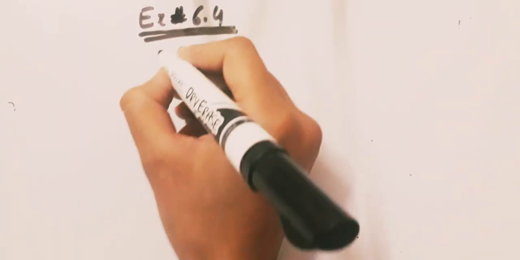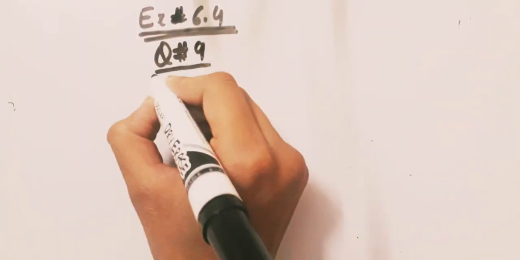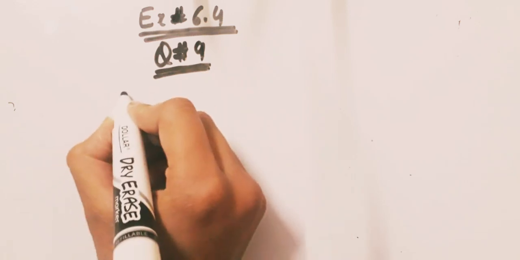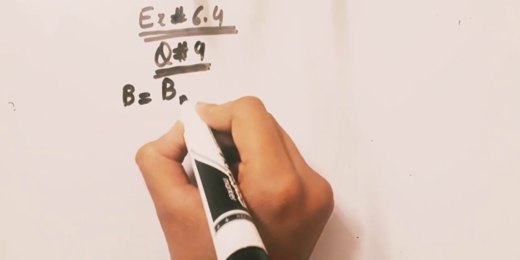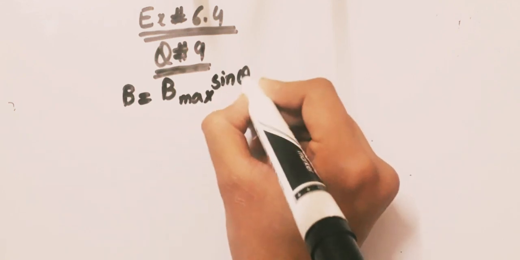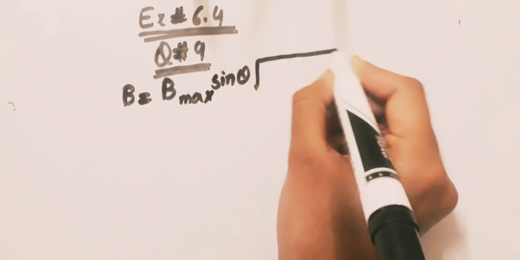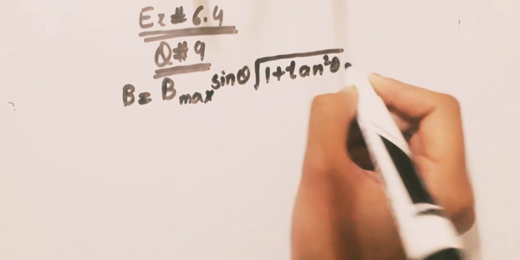Now we will start question number 9. B is equal to B maximum sin theta square root of 1 plus tan square theta.